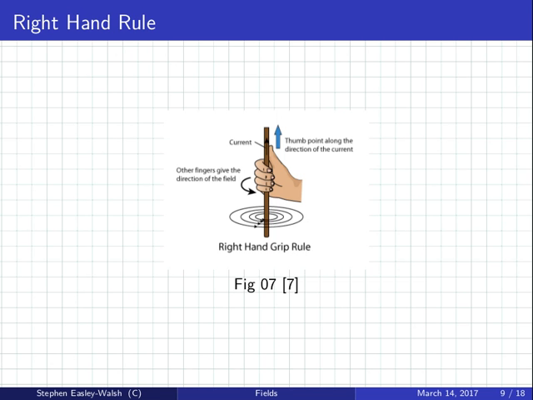You hold the current, so to speak, with your thumb pointing in the direction of the current. Then your fingers are the direction of the magnetic field. So the magnetic field is going around this way. If I turn the current to go down, then the magnetic field is going around this way. So this is called the right-hand rule.